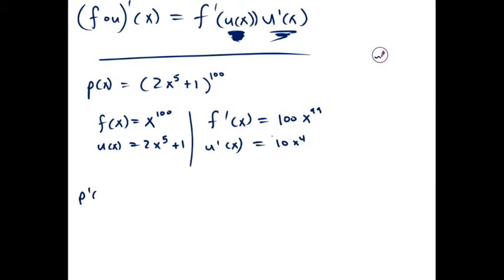So if we want to find p prime of x, we get f prime of u of x times u prime of x.